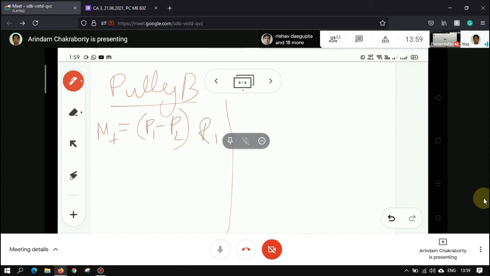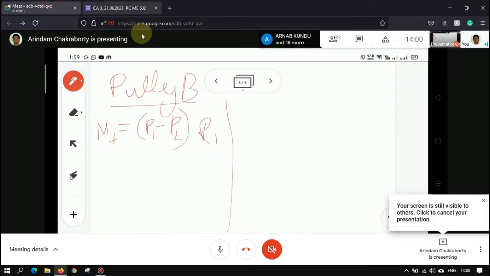Here R1, as I can remember, is 250. R1 is equal to 250.